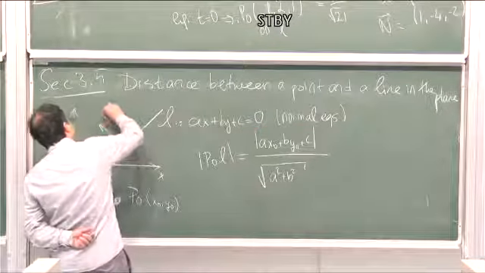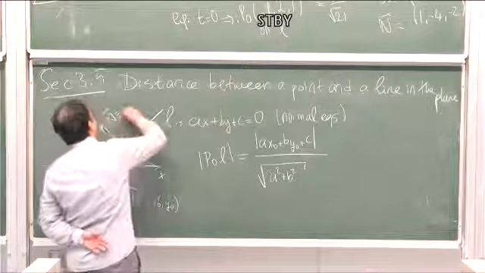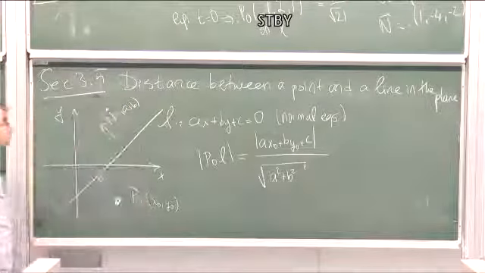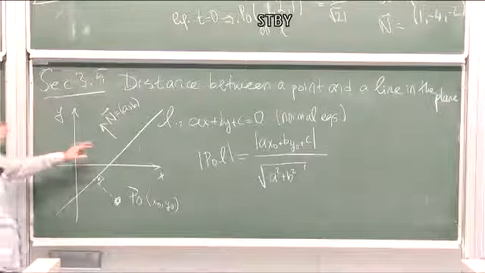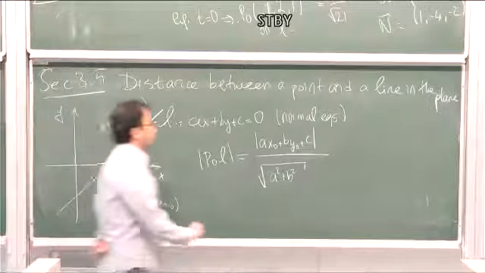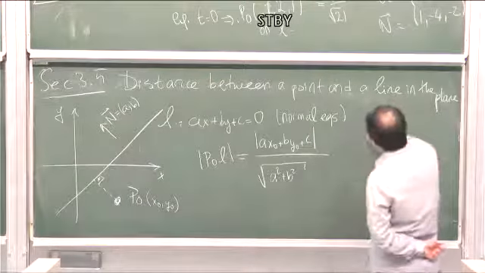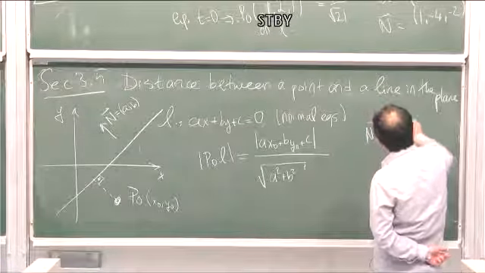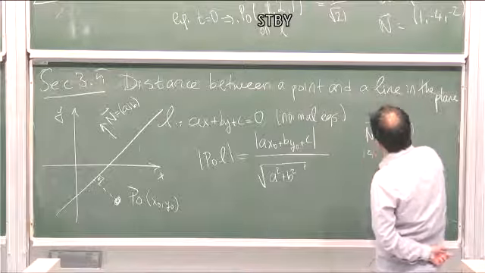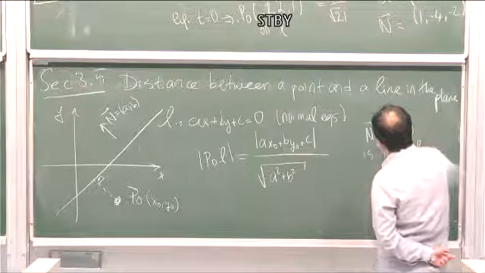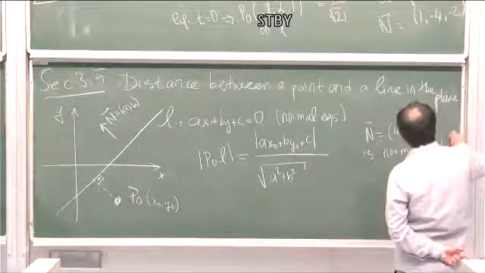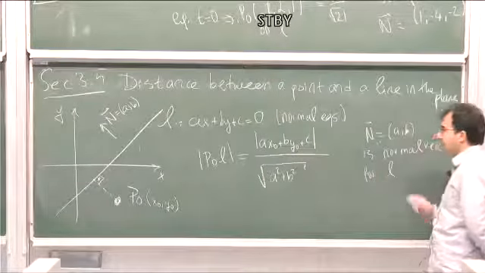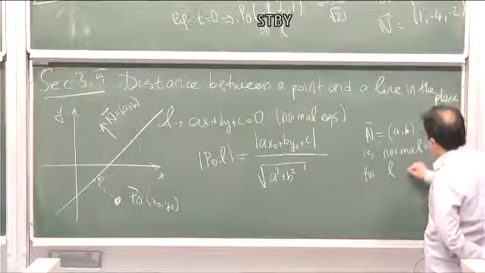If you consider the vector n = (a, b), just like we did for planes in space, this will be perpendicular to this line L. So n = (a, b) is the normal vector for L, in other words, perpendicular.